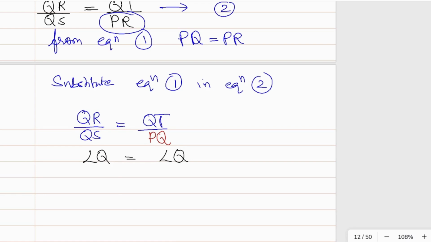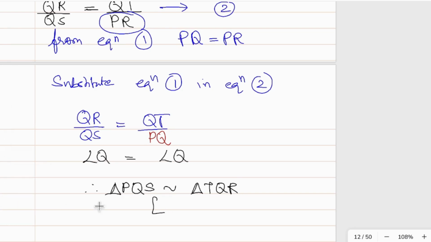Using which criterion? By using the SAS criterion. So now look here, therefore triangle PQS is similar to triangle TQR by using which criterion?